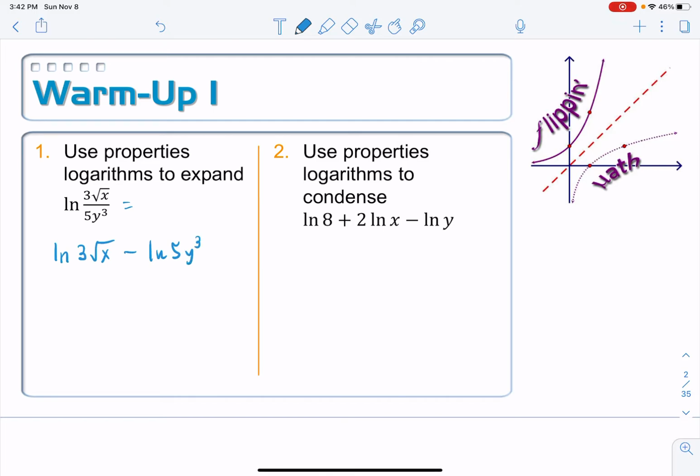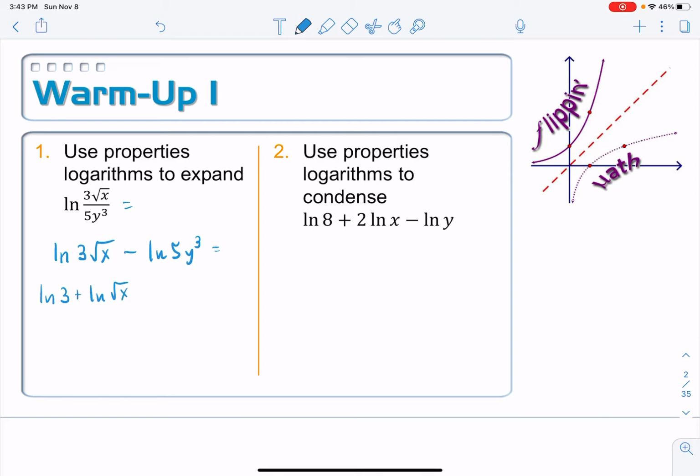Okay, so far so good. Now, moving from left to right, notice that I've got myself a product right here, and I can break that up as addition. And again, it's because logarithms are exponents, and when you're multiplying with like bases, you're supposed to add the exponents. So this one is equal to the natural log of 3 plus the natural log of the square root of x.